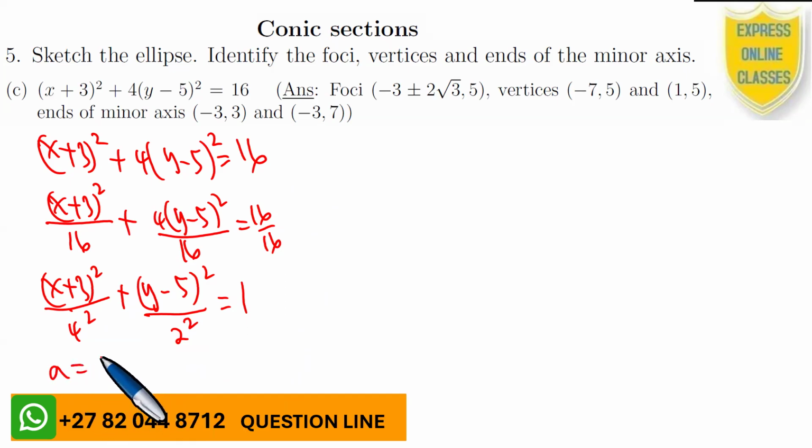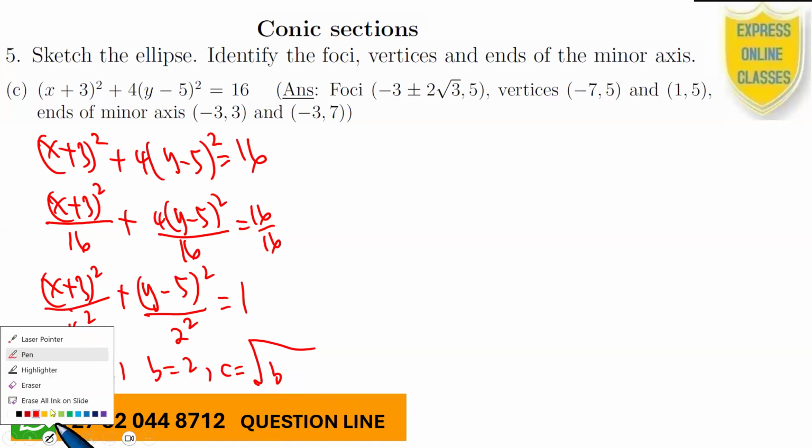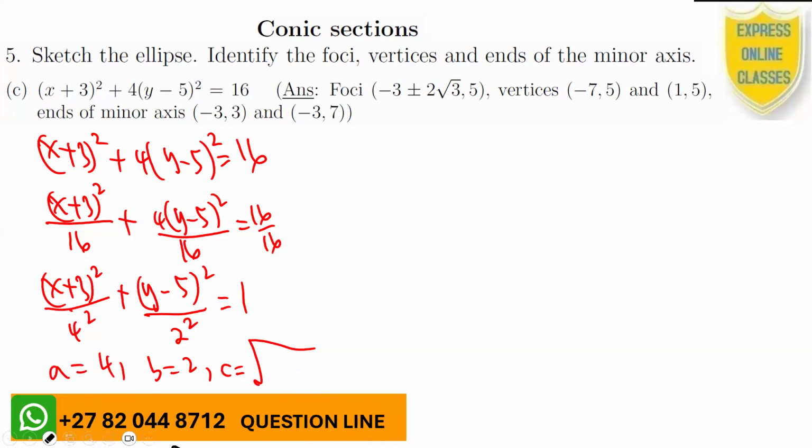a is the biggest one, 4. b is the smallest one, 2. c for the foci is the square root of a squared minus b squared.